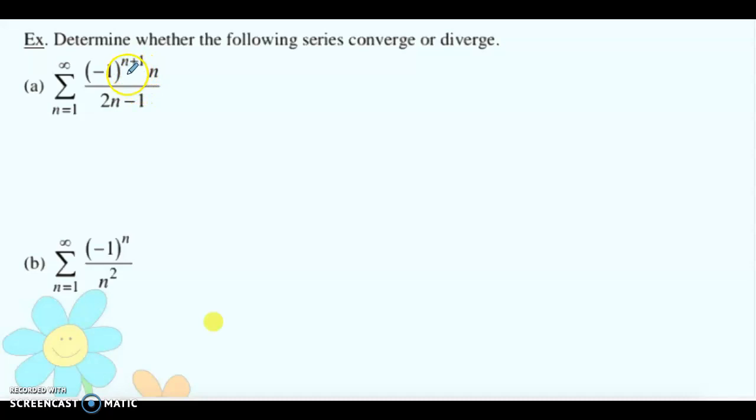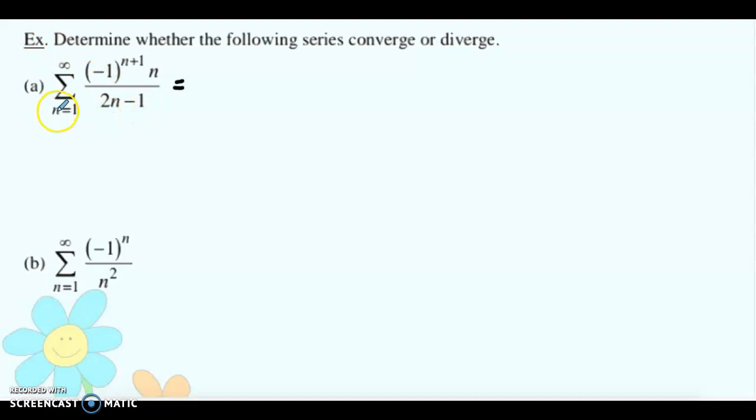So here's our first example. We've got the summation from n equals 1 to infinity of -1 to the n plus 1 power times n over 2n minus 1. So we can take a look at this. We've got our alternating portion, and if we just want to plug in just so you can see what's happening here, we've got 1 being our starting point, so we've got -1 being squared.